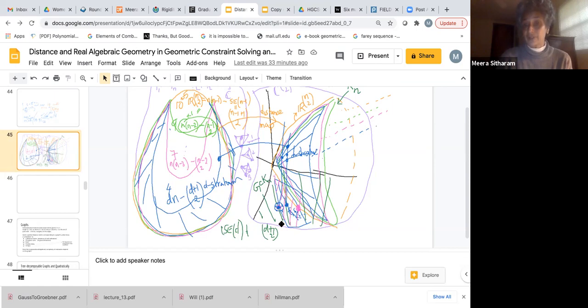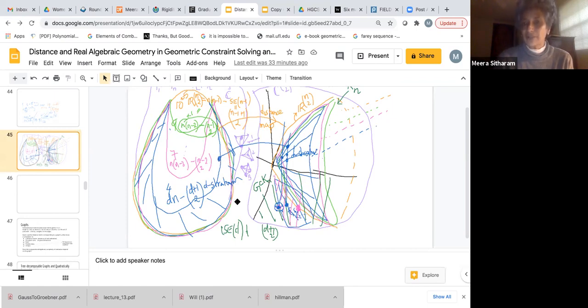If you happen to lie on the boundary, then just having the positive semi-definite conditions could result in only a particular rank being possible for the point configuration.